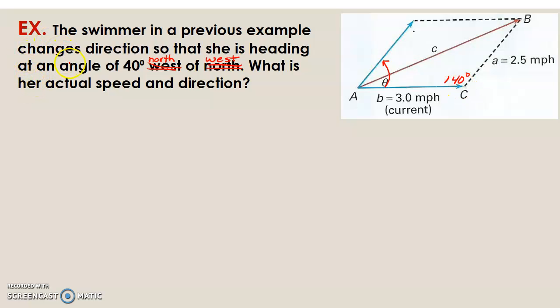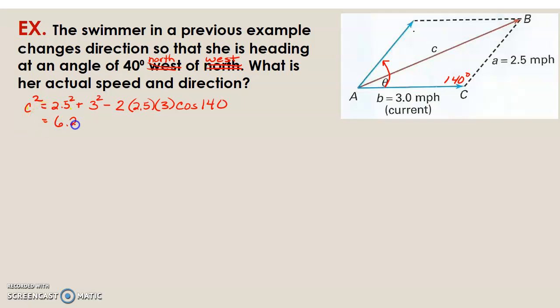So, what is her actual speed and direction? Well, we got some things we can do with this. I've got two sides and an included angle, which means I can find that resultant. c squared is going to be a squared plus b squared, 2.5 squared plus 3 squared minus 2 times 2.5 times 3 times the cosine of 140 degrees.